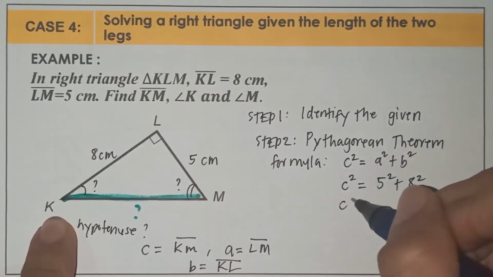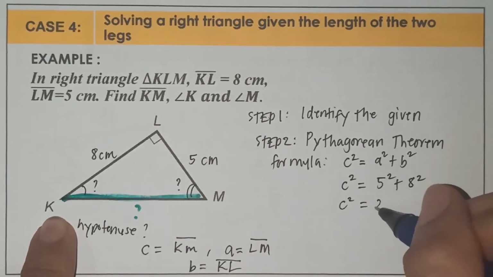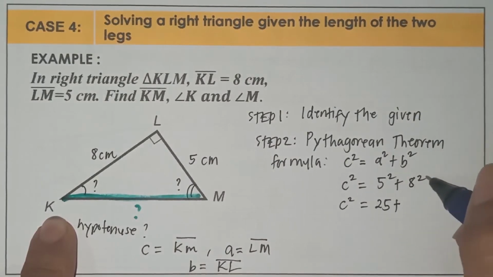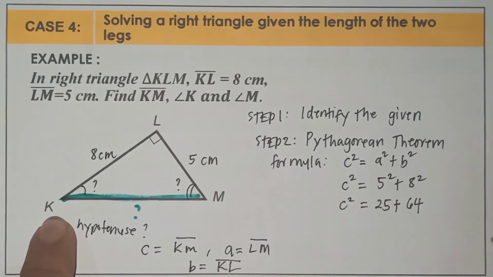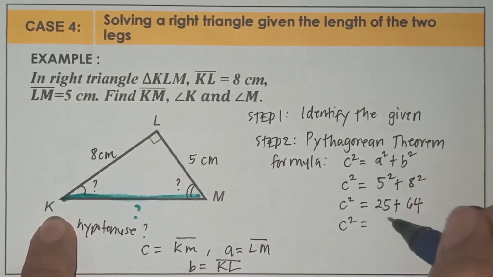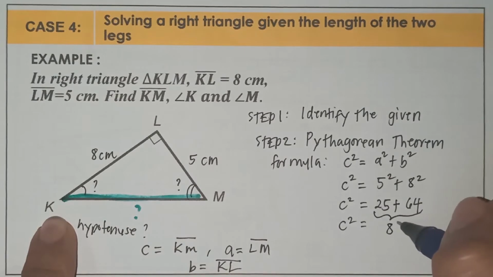The next will be C square is equal to, 5 square is 5 times 5, 25, plus 8 square means 8 times 8, that is 64. So C square is equal to, as we add the two, the answer is 89.